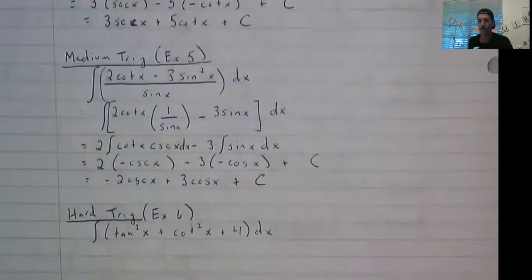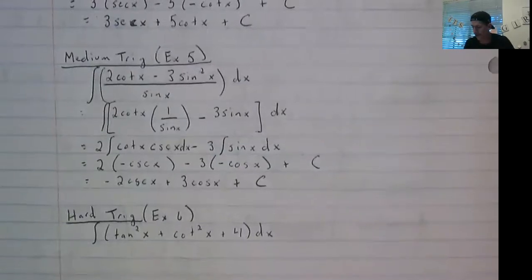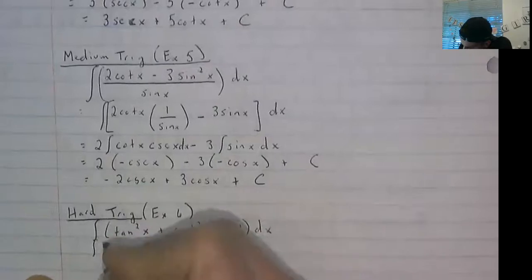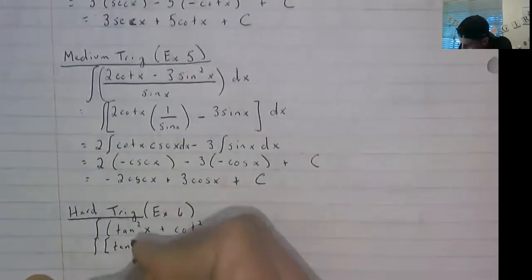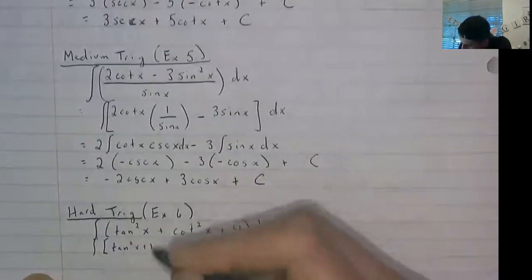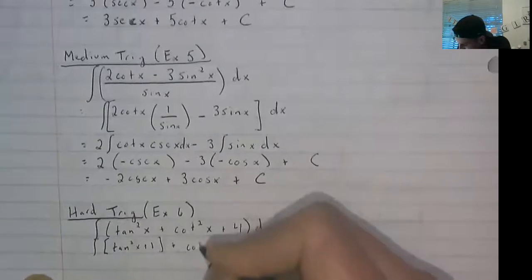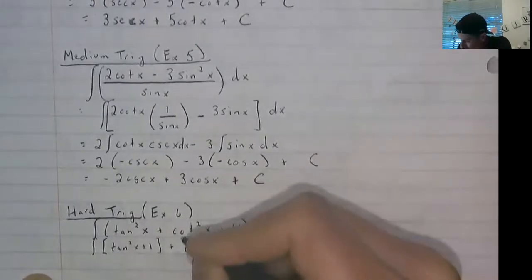How? I'm just rearranging. We're going to write this as the tangent squared plus 1 plus the cotangent squared plus 1. Where are these 1's coming from, Mr. Smith?